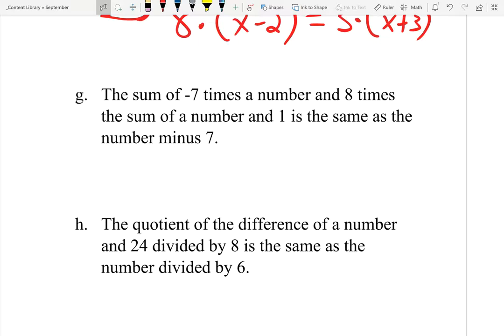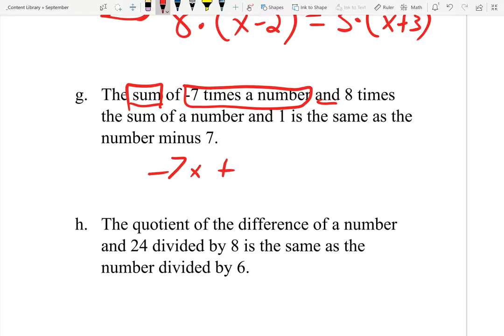G, the sum of -7 times a number and 8 times the sum of a number and 1 is the same as the number minus 7. So the sum, remember, sum means we're adding 2 things. So what 2 things are we adding? Well, we have -7 times a number. That's a plain expression. -7 times a number is -7x. That's the first part that we're adding.